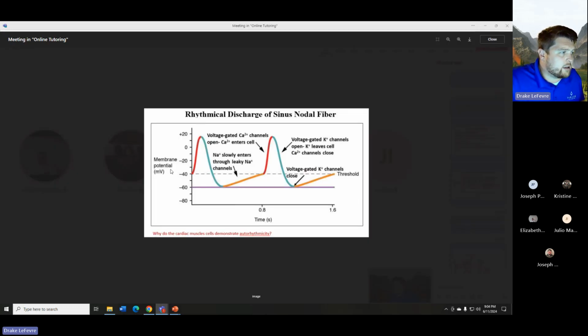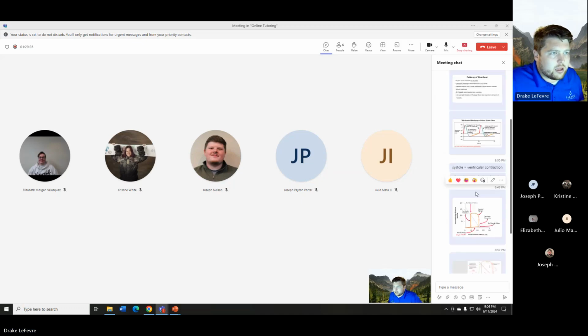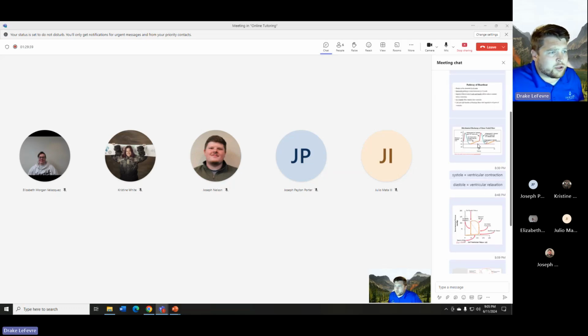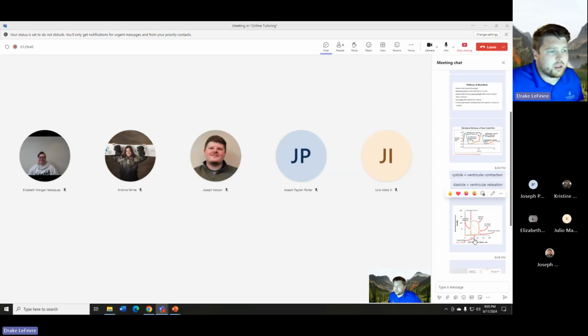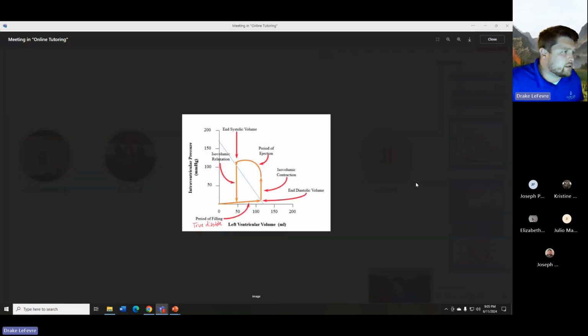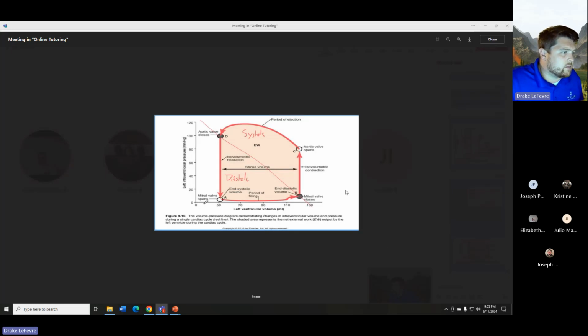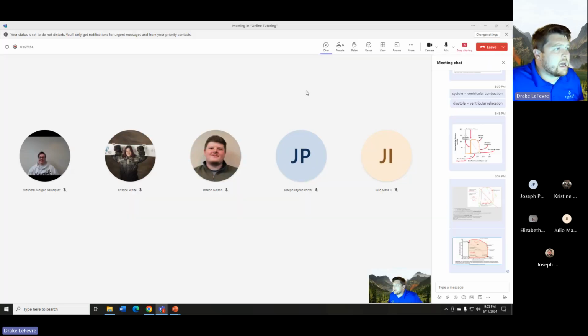The chart for the autorhythmic cells, the action potential of the autorhythmic cells. I want you to also know the chart that is the action potential through the cardiac contractile cells. And then this beautiful diagram, know that super well. And then getting comfortable with comparing it to the Wiggers diagram.